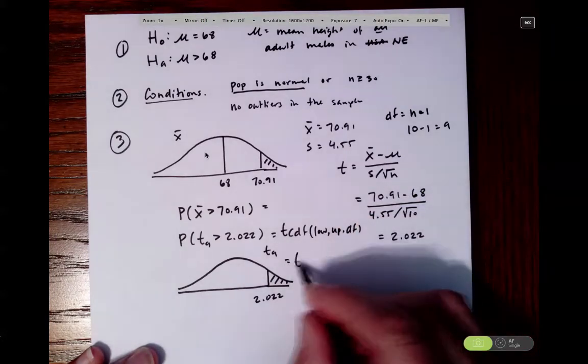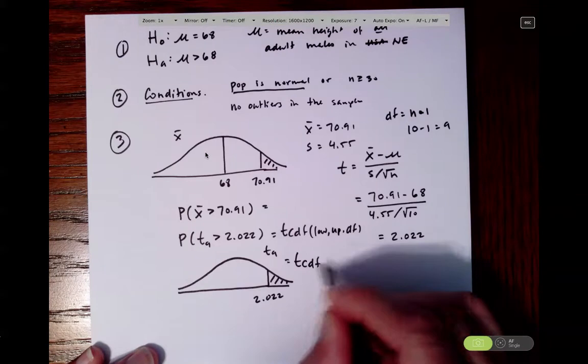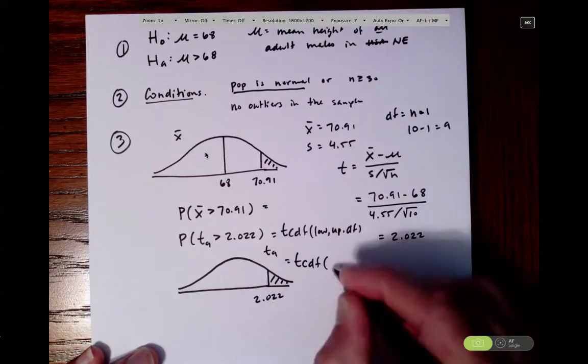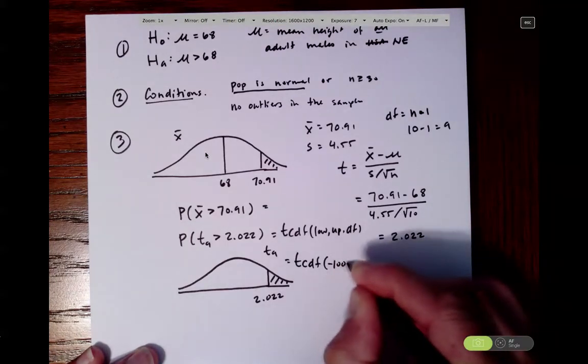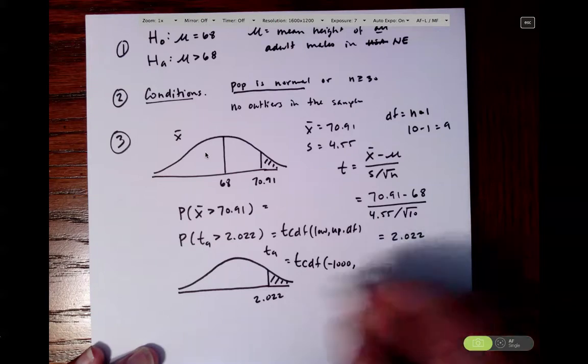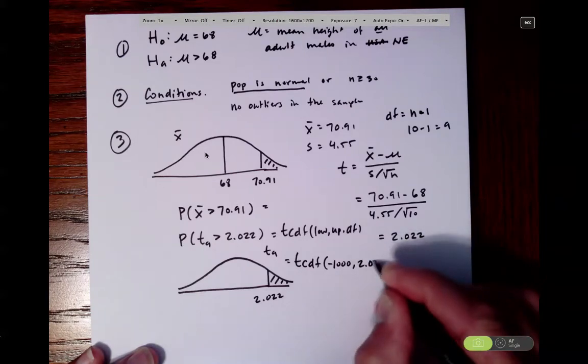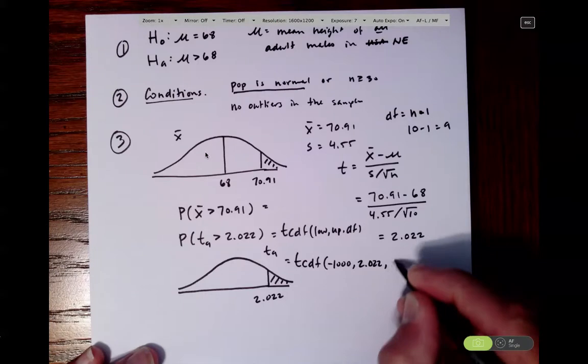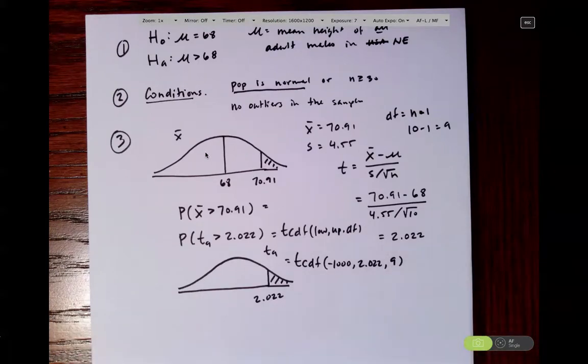So on this one I'm going to put in tcdf. The lower value is essentially negative infinity, so I can just put in like negative 1,000. The upper value is 2.022, and the degree of freedom on this is 9.